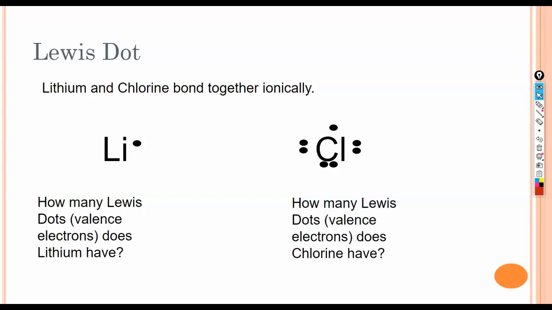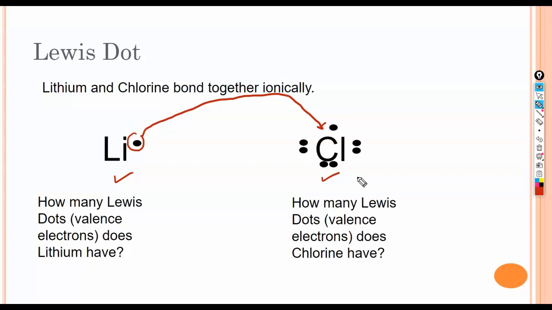What's going to happen is when you mix lithium and chlorine, this electron is going to fall off of the lithium and come over here to the chlorine. Now the lithium has no valence electrons, so it's happy. The chlorine now has 8 valence electrons, so it has a full shell, so it's happy.